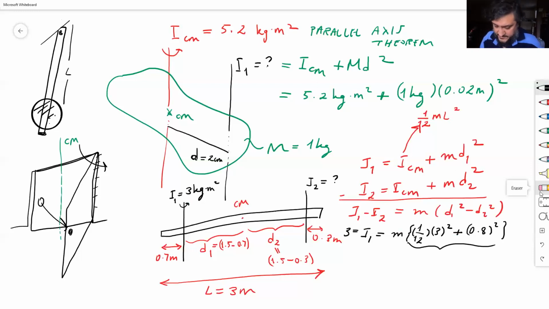So 9 over 12 plus 0.8 squared, 1.39. Therefore, m is 3 divided by 1.39. That is 2.16 kilograms.